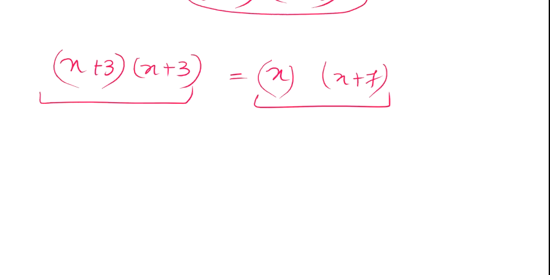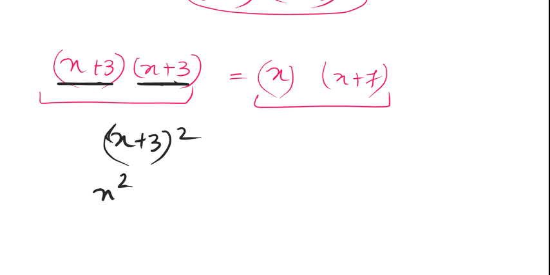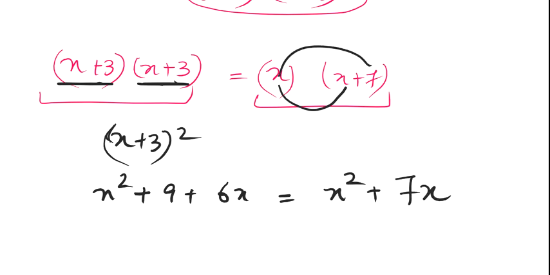Okay, so we need to multiply. Now see, x plus 3 into x plus 3, we can say that this is x plus 3 whole square, and we can use the property of a plus b whole square, that is x square plus 9 plus 6x equals x into x, x square, plus x into 7, 7x.